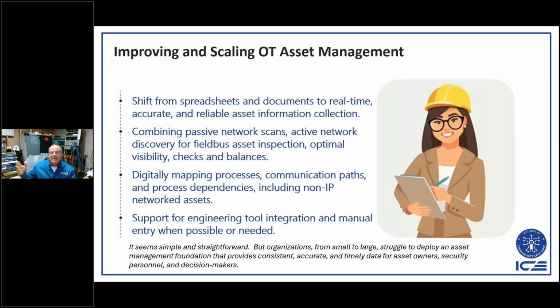We want to combine passive network scans, active network discovery for field bus, and optimal visibility checks and balances, and then digitally map those processes and communication paths, getting into process and asset dependencies. As we're communicating to the operations team, or if the chief information security officer is responsible for the security program, and part of that is incident response, is everybody singing from the same sheet of music? We'll take a look at that on the next slide.